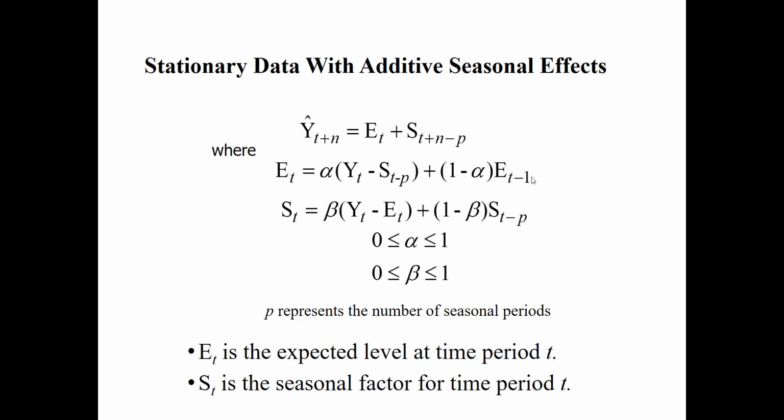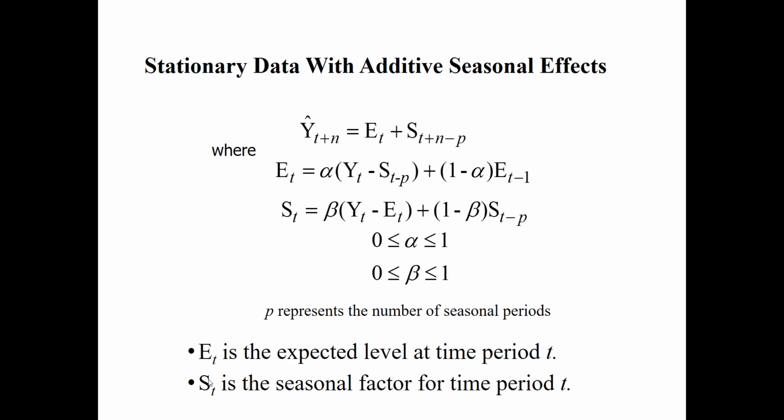Most of the time, for the first repetition of the season, for t equal to p, we provide these values. For the expected value, we take the average of all the data for time period 1 to p, and then for the seasonal effect we also provide initial values.